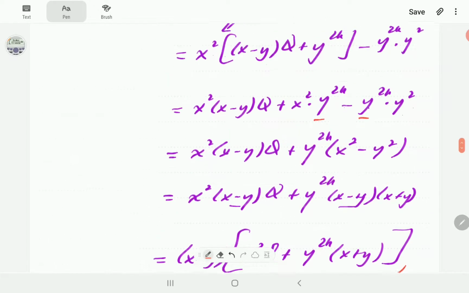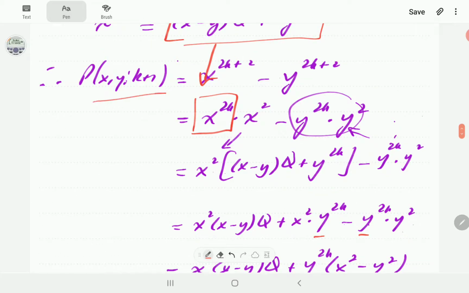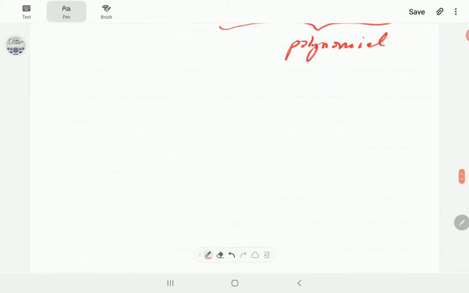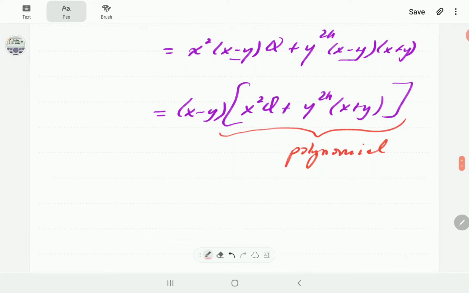So p of k plus 1 is equal to (x minus y) times a polynomial. So p of x, y, k plus 1 is divisible by x minus y.